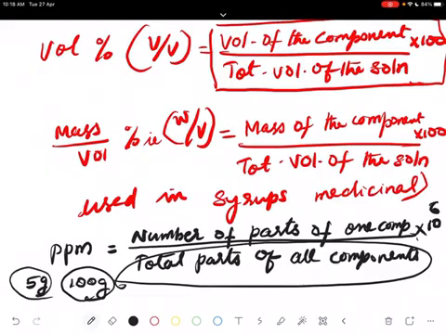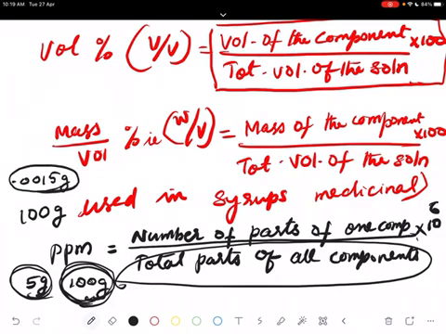5 gram of solute in 100 gram is a big quantity. But if the quantity is 0.0015 gram in 100 gram of solution, see, it is a minute quantity.